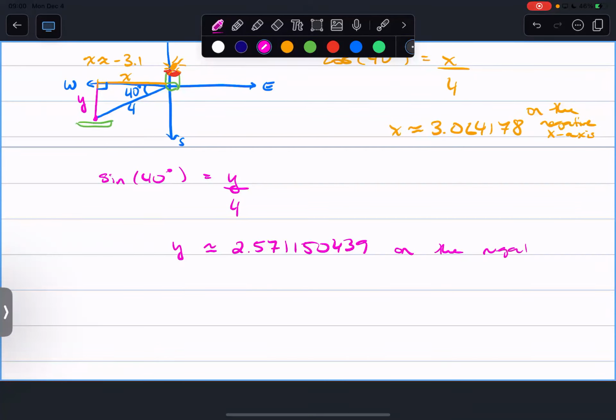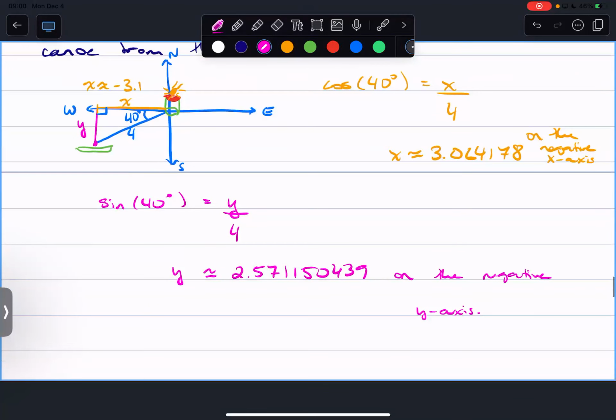On the negative y-axis, approximately. Oh, this is gonna hurt. Y is roughly 2.6, but negative. 1 decimal place? Come on.